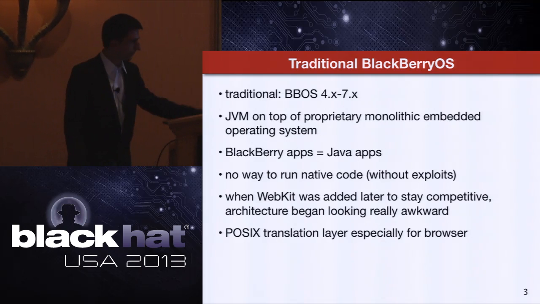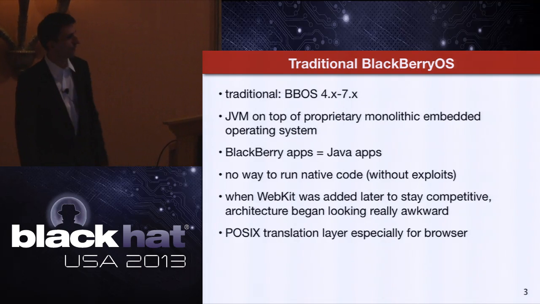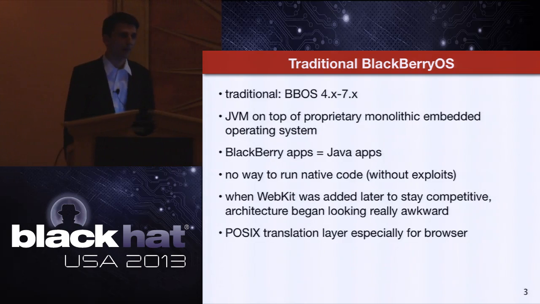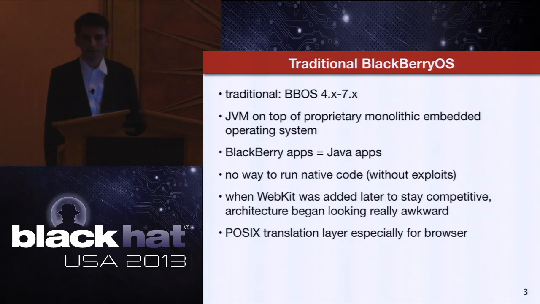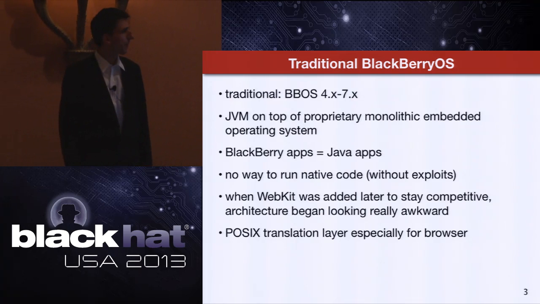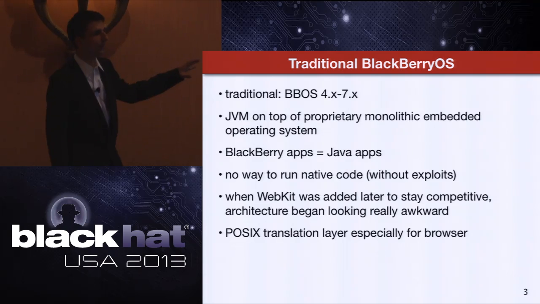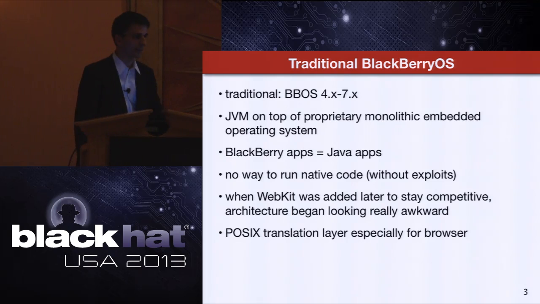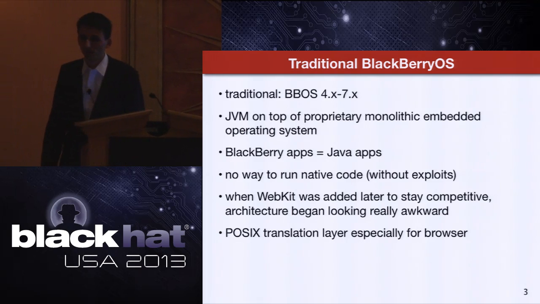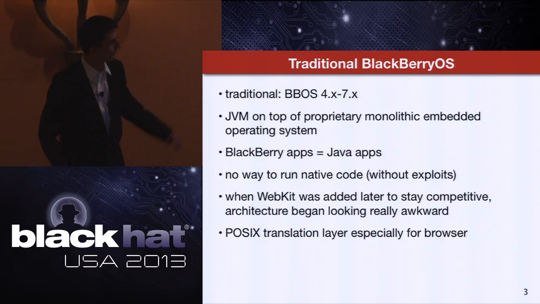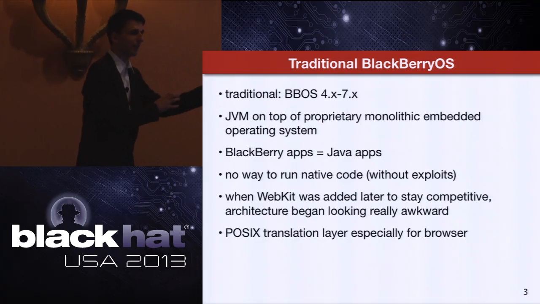So later on, RIM decided to add WebKit to stay competitive with other touch-based devices. This was when the Torch came out. And in order to do that, they had to add a POSIX layer to the platform, which looks really, really weird if you reverse engineer it and see how that is pieced together.